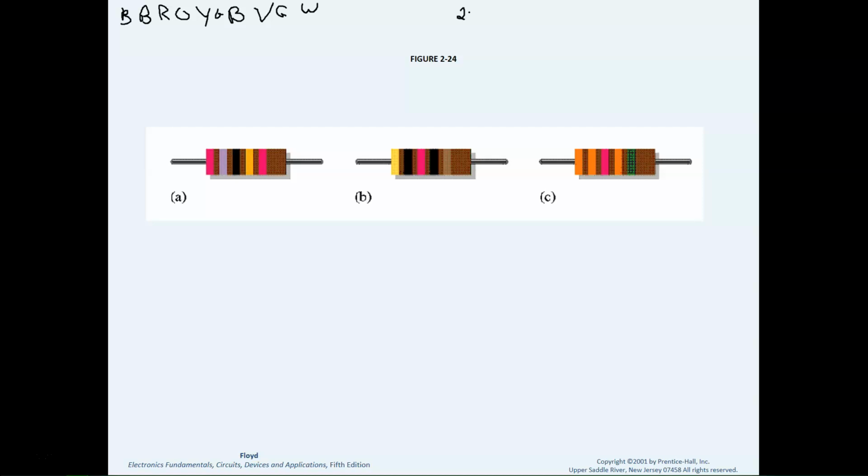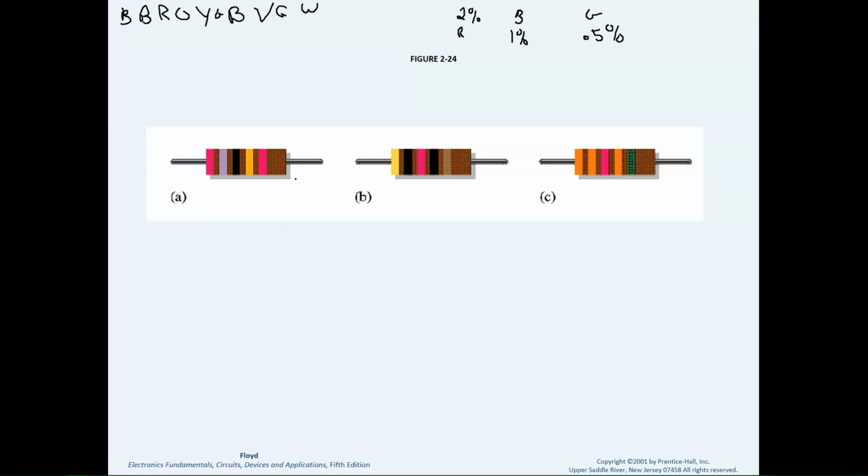So red is a 2% tolerance. Brown is a 1% tolerance. And green is a 0.5, a half of a percent of tolerance.